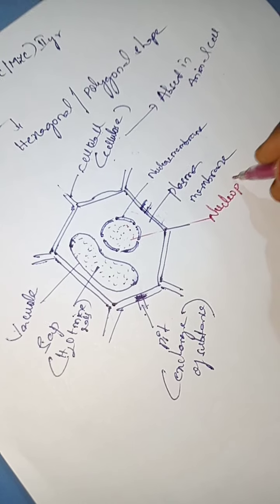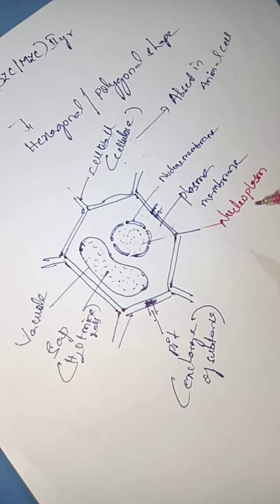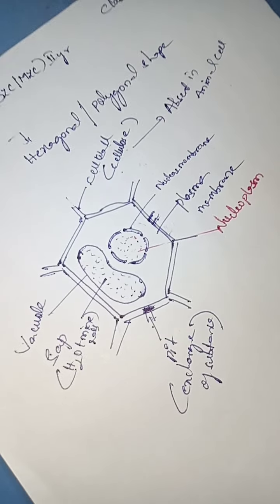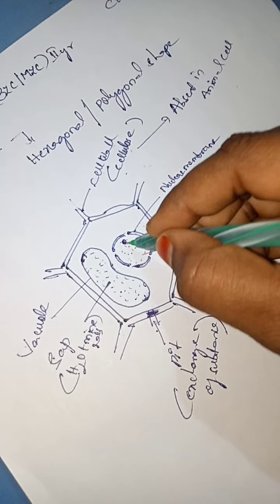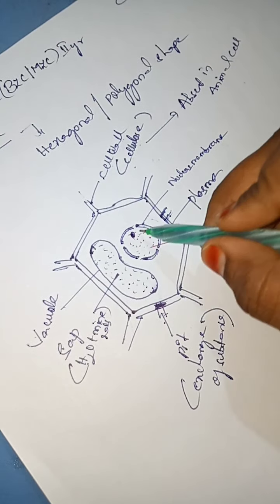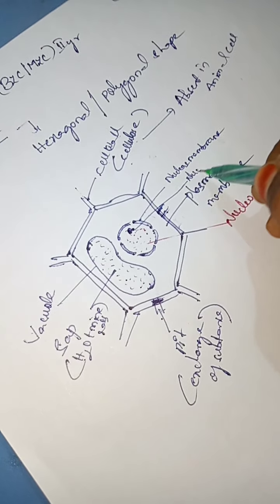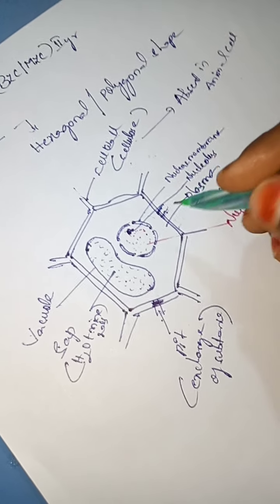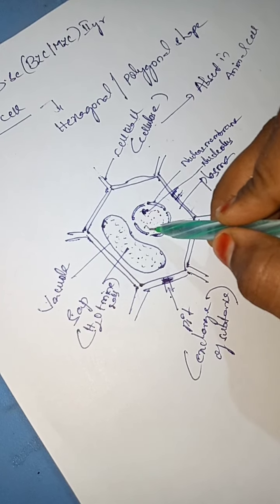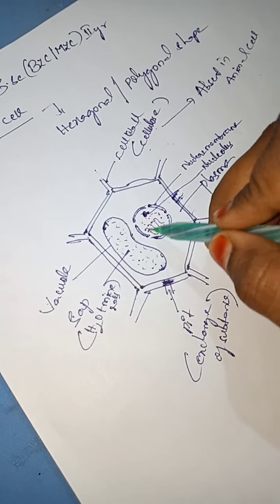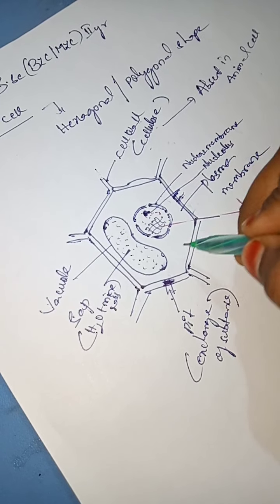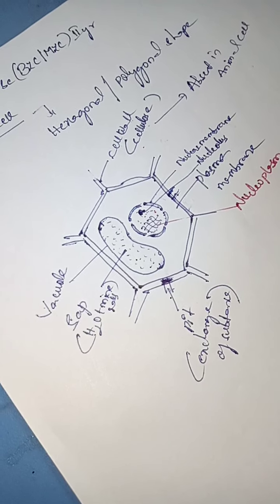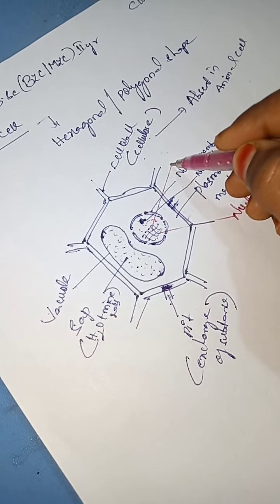Also there is a presence of a dark stained body in the nucleus called nucleolus, same like animal cell again. And also there is a presence of thread like structures inside the nucleus, which are called chromatin fibers.